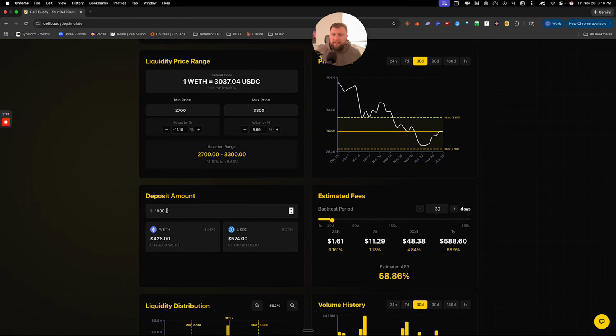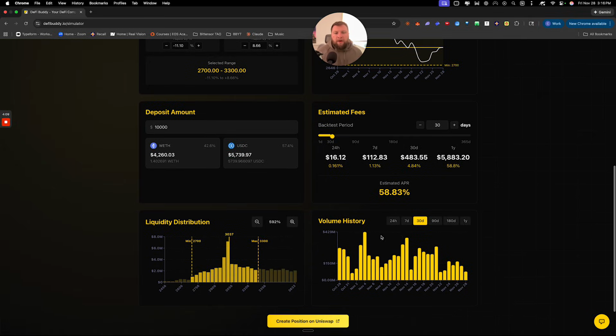So based on this $1,000 position, I can expect to put about 57.4% in USDC and 42.6% in wrapped ETH. If I were to make this a $10,000 position, you can see that the ratios don't change, just the dollar value, or the quantity rather, of the assets increases. So I would need, in this example, based on the range and where the current price is, 57.39% USDC and 42.60% wrapped ETH in terms of the dollar value of the two. Okay? That's step number two.